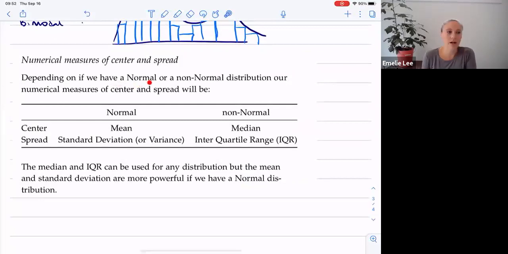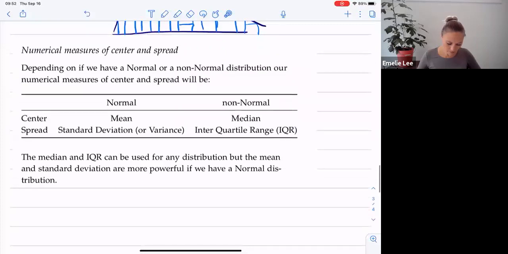So depending on if we have a normal or non-normal distribution, right, we're going to talk about these numerical measures of center and spread. So, right, we had those rough approximations, and now we're going to develop calculations for how we deal with these things.